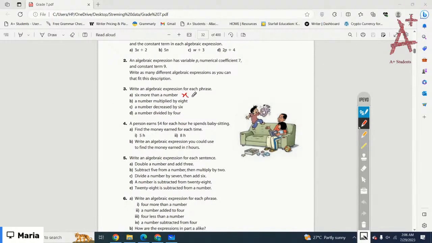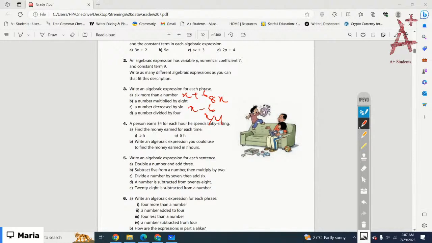So it would be x plus 6, right? A number multiplied by 8. So 8x. You don't know what number it is. So multiplied, it would be 8x. A number decreased by 6. So decreased means you have to subtract. A number divided by 4, then it would be x over 4. You can use any variable x, y, z, a, b, c, whatever you want, right? Okay.